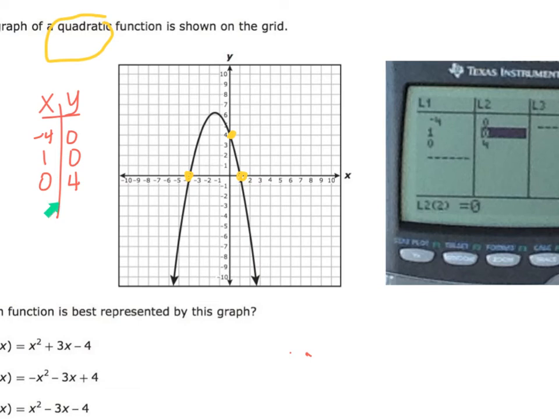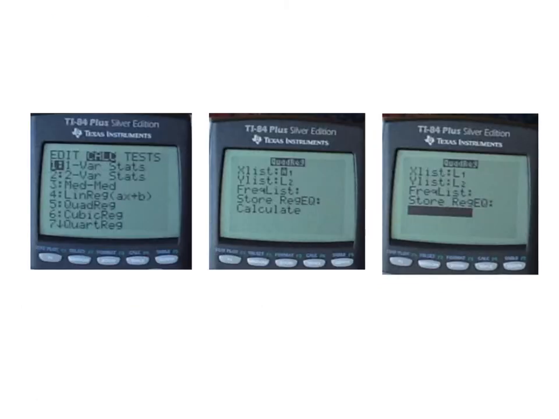So I'm just going to take this table, I'm going to press Stat Edit, and I'm going to put the data in. I've already cleared the previous data and put in the new data. So once my data's in, now I can press the Stat key again. And when I press the Stat key, I'm going to scroll over to Calculate because I want to calculate my equation.